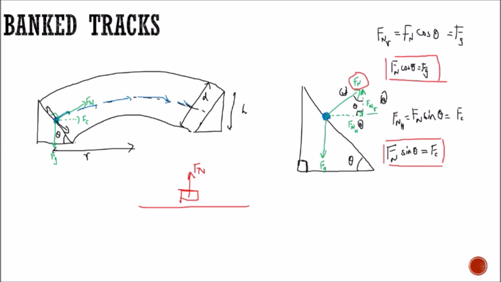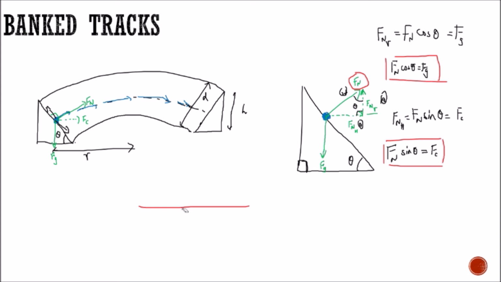So it has a component of that force in the direction of the centripetal force, or where we want a centripetal force to act. So we are using the normal force, which is acting at an angle, to give us a centripetal force and allow that object to travel in circular motion. Okay? So that is the benefit of a banked track.